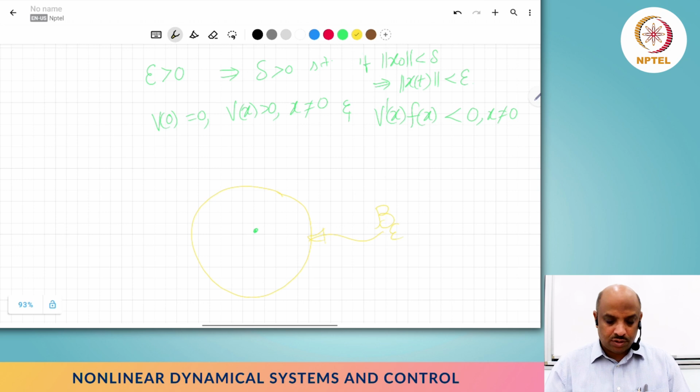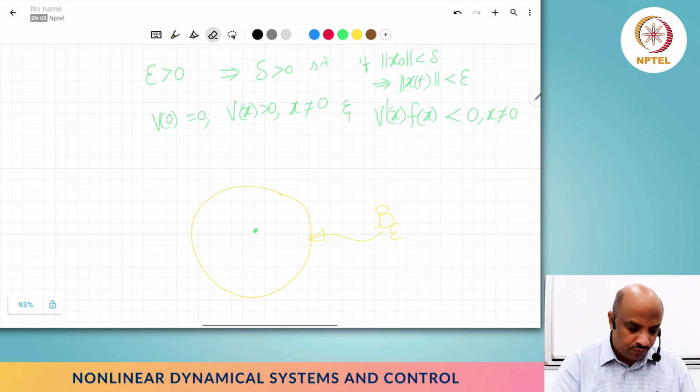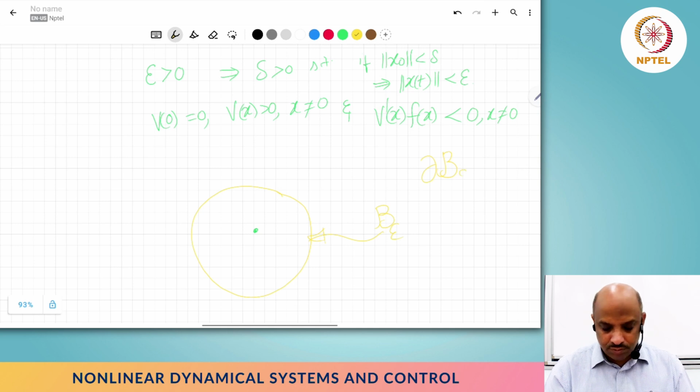So how do we ensure that can happen? Okay, so I'm going to do the following. Let's see. I'm going to take this boundary of B sub epsilon. The typical notation is this del boundary, which is just the circle there.